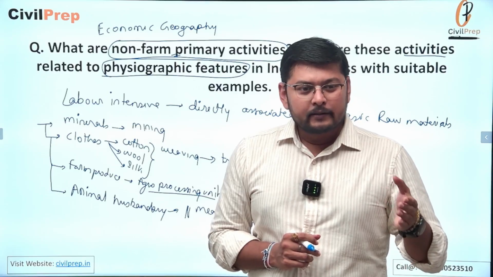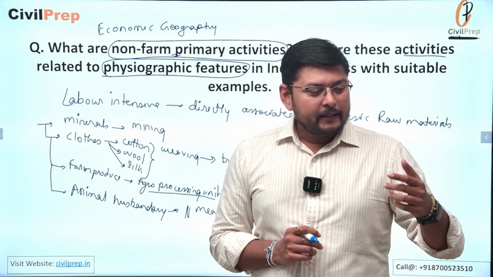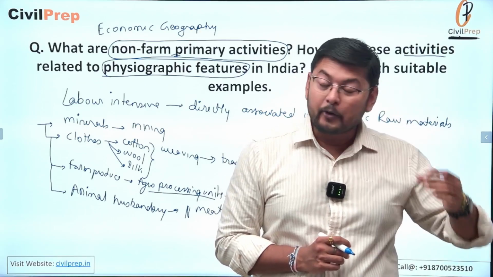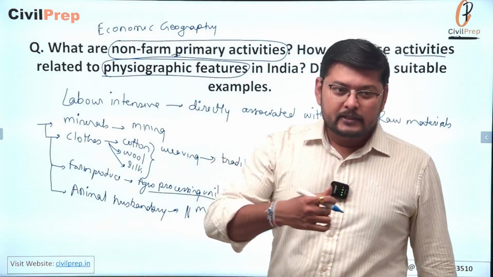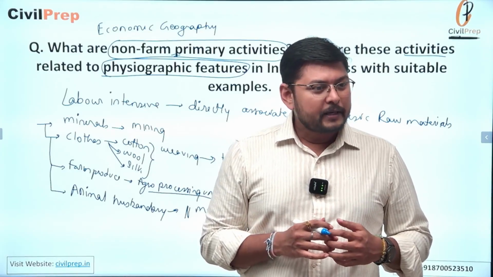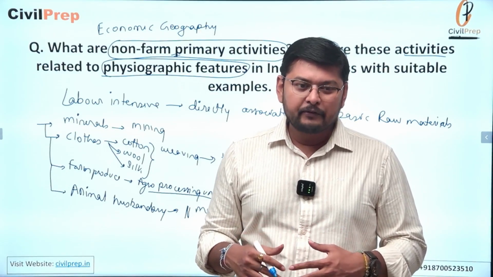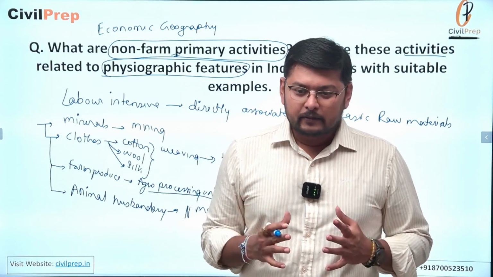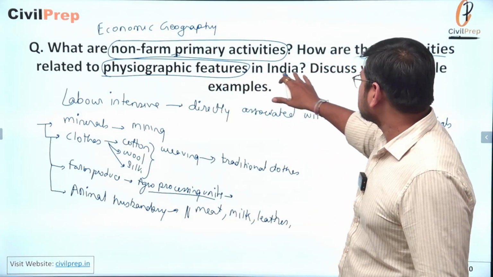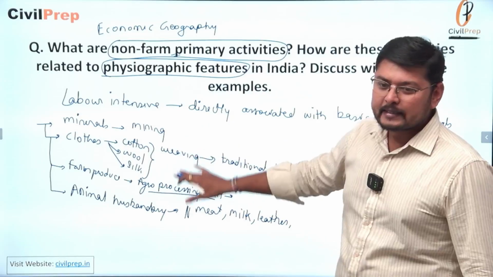So here the grasses are also found, and these grasses are consumed by the cows and buffaloes, which give milk as an output. Then in the northeast region of India, we have the high prevalence of bamboo grasses, which is used as a primary product for the development of various products. So in this way we are able to interlink them with the physiographic features, and we have discussed various examples.